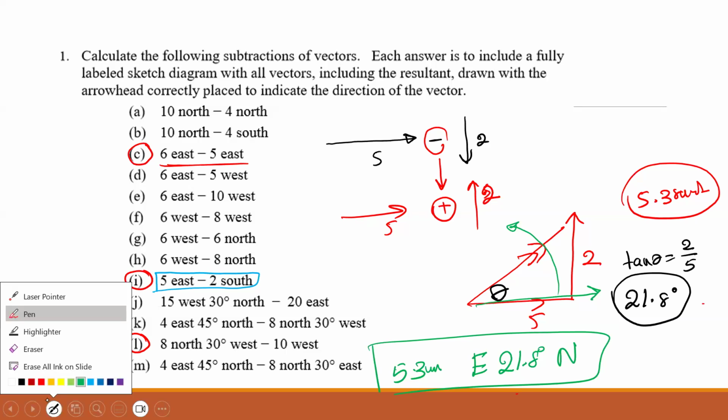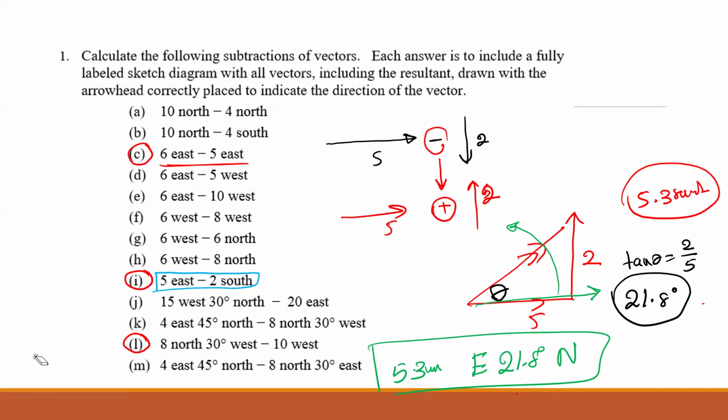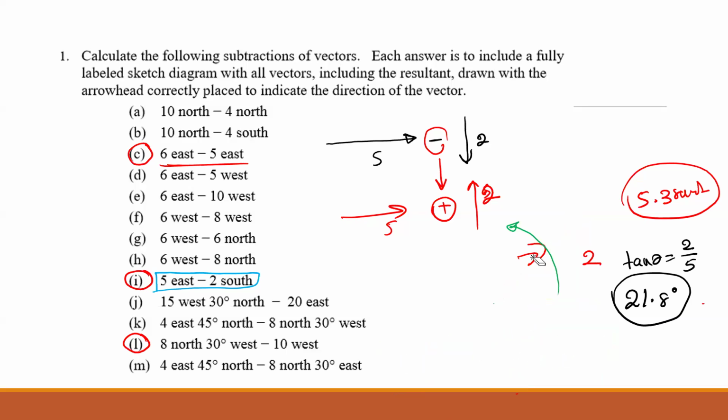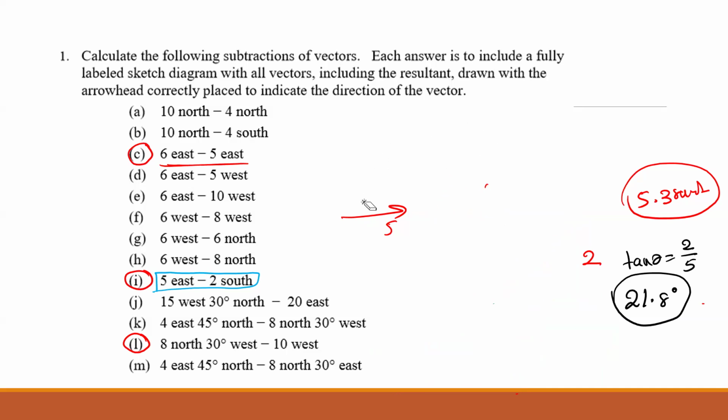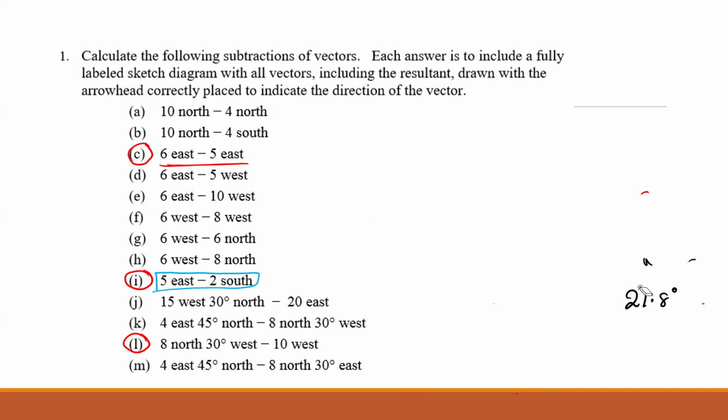How about the next one? Did you finish it or do you need more time for that? How do we do that? North 30 west means what?